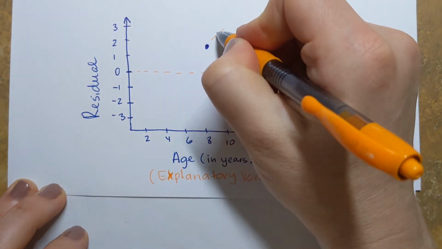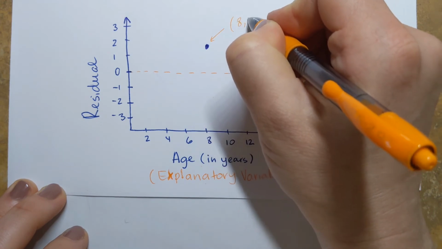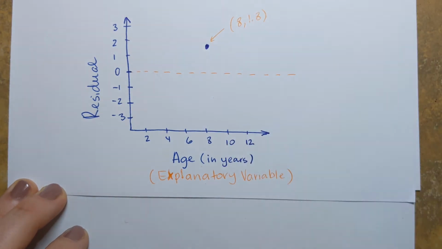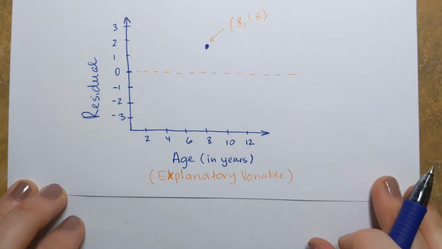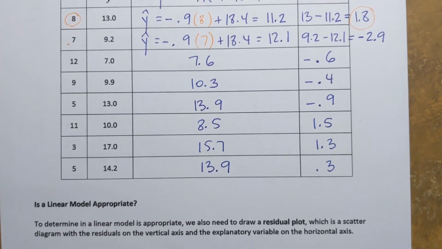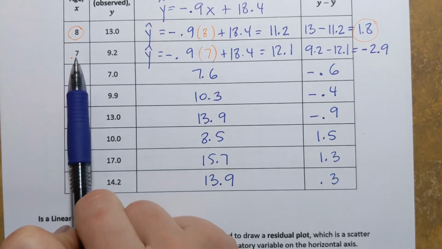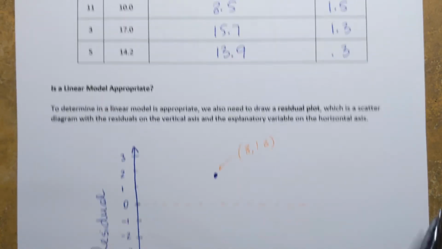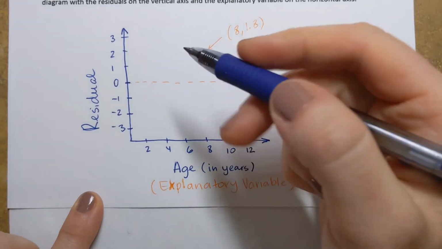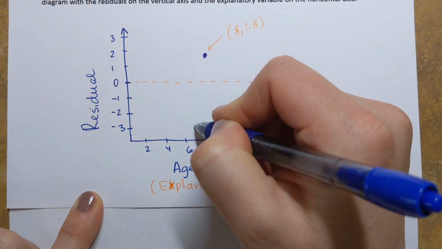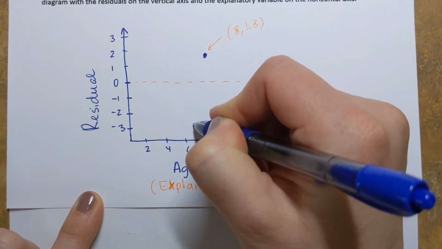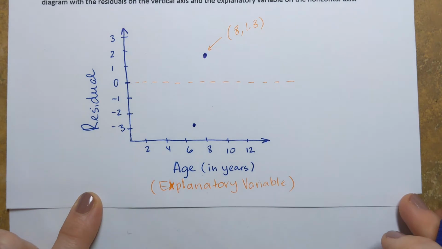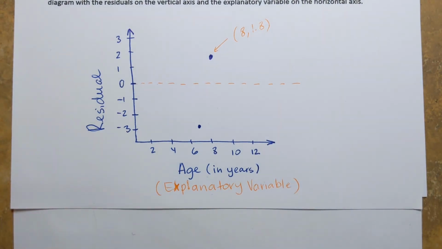I'll just make a note for this first point. This is (8, 1.8). Now, what's the next point? The next point is (7, negative 2.9). 7 and negative 2.9 is over here. So I'm going to continue and plot the rest of the points.